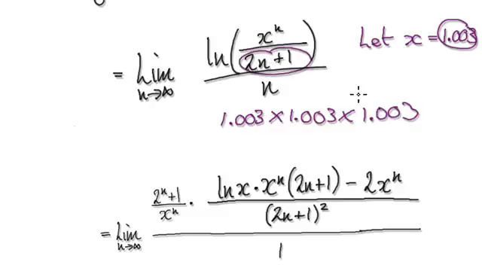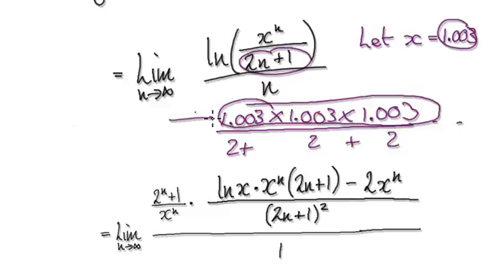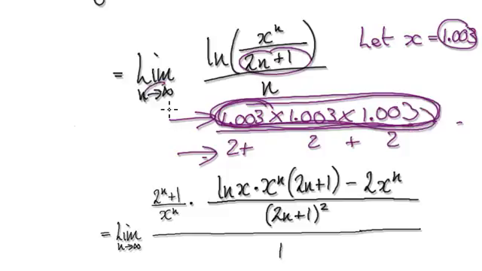For the denominator, it will be 2 plus 2 plus 2, and so on. Eventually, the numerator will overtake this thing. Strange as it may seem, this thing is just going to grow and grow and grow. Eventually, as n heads towards infinity, the numerator will overtake the denominator.